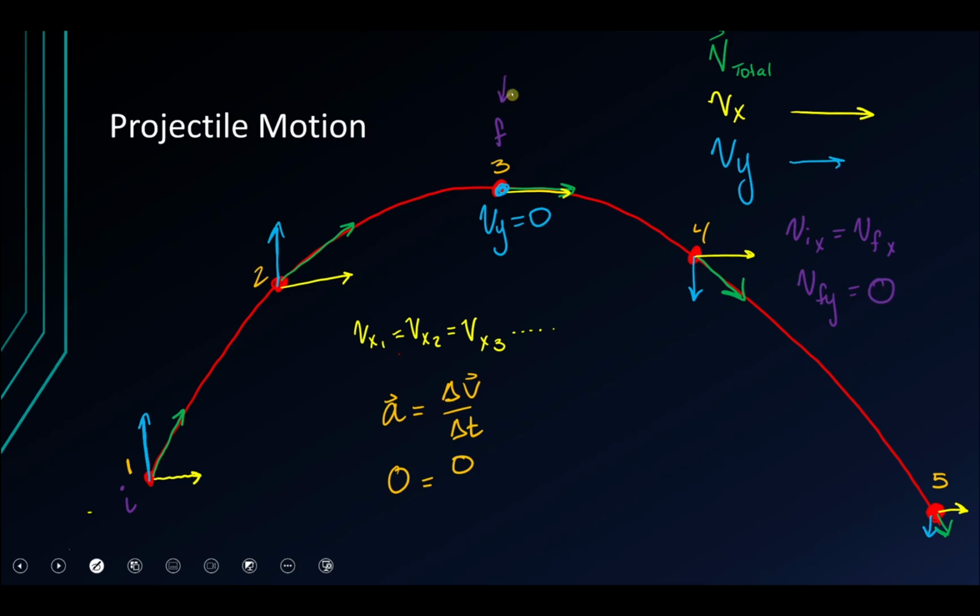Because this is my final in this layout. I can also go ahead and write down that my acceleration in the y direction is negative 9.81 meters per second squared. And what about that x direction, right? Well, we have no acceleration in the x direction, so it's going to be 0.